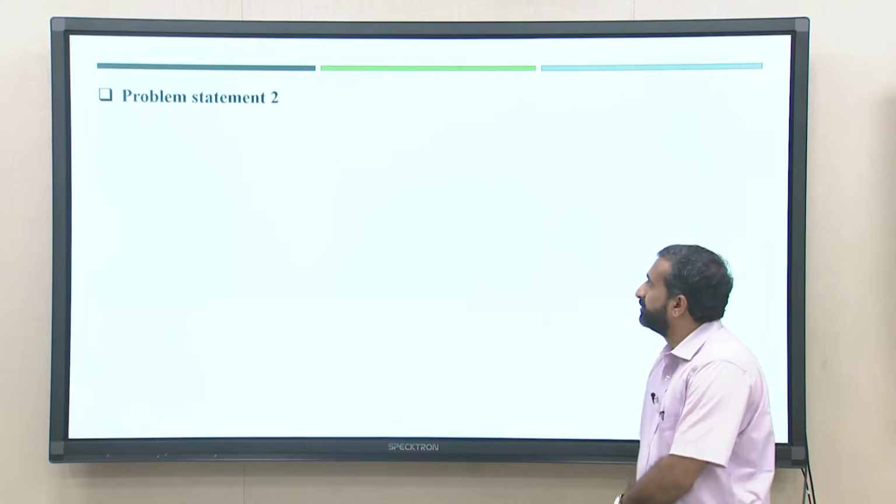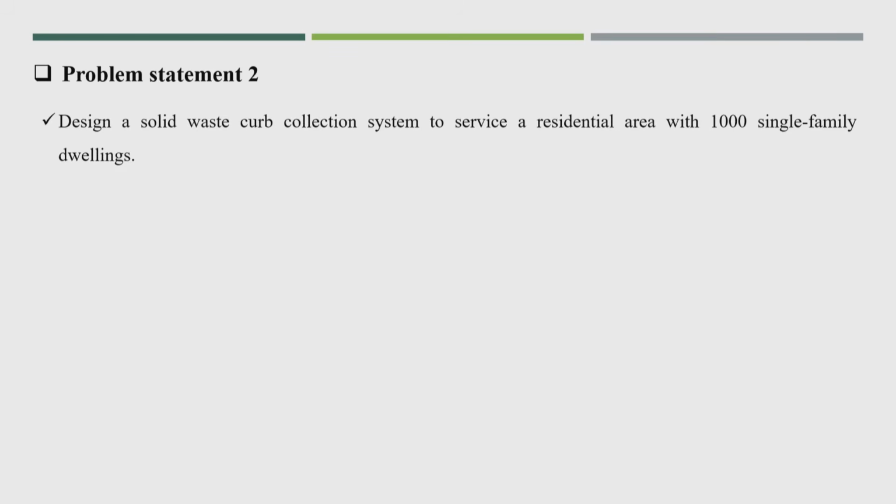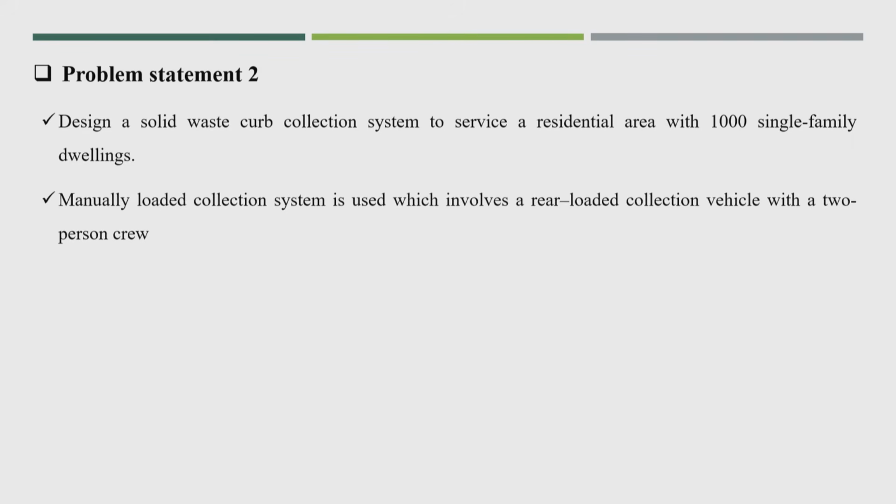Okay. Now we will go for the next problem, where we will compare the ND values, ND 2 and 3. The problem statement is design of a solid waste curb collection system, in a similar way, 1000 single family dwellings with a manually loaded collection system and a rear loaded collection vehicle facility.